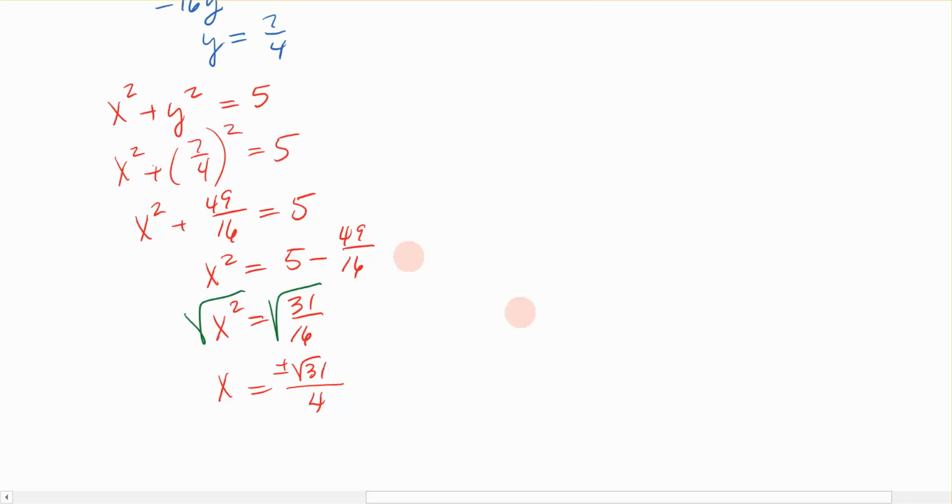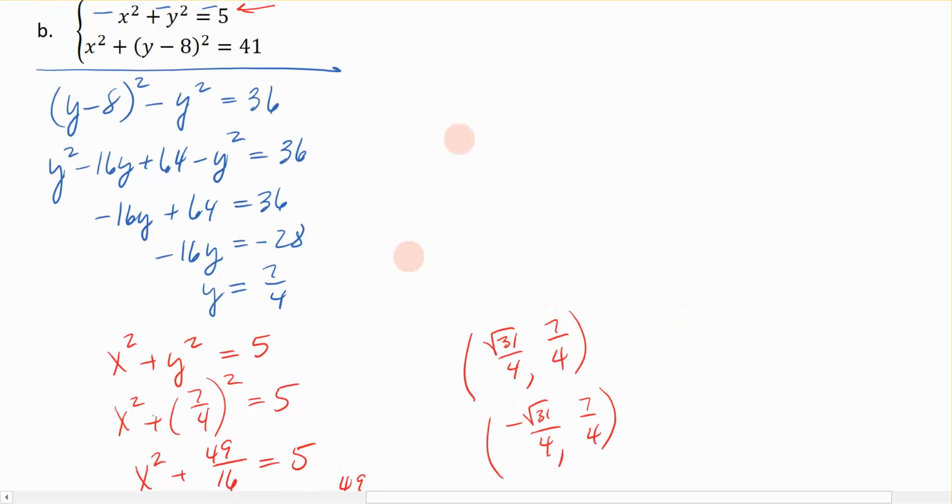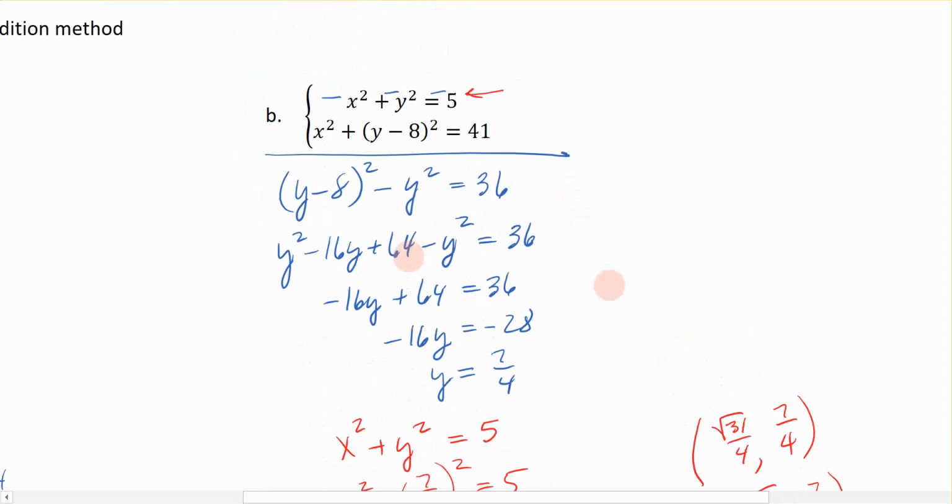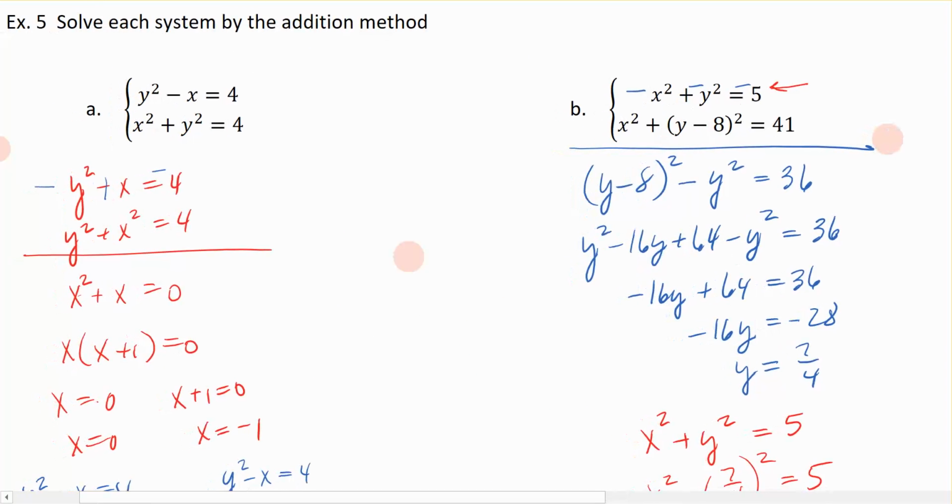I know that the solutions to this system of equations are going to occur when x is the square root of 31 over 4 and y is 7/4, and negative square root of 31 over 4 and 7/4. So these two functions are actually just intersecting twice. And that's how we come up with the solution for these nonlinear systems of equations by using the addition method.